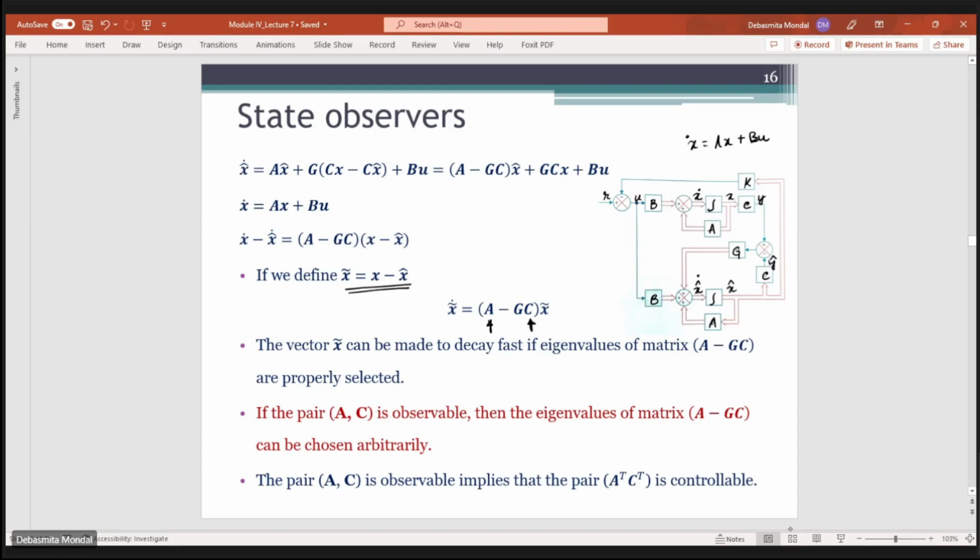Similarly, if this pair AC is observable, then we can use the duality property. For the pair AC, if it is observable, it implies that the pair A transpose, C transpose will be controllable. This is according to the duality property of controllability and observability.